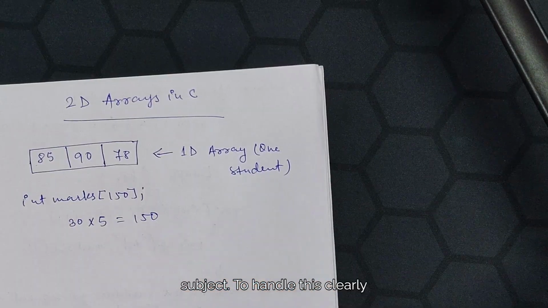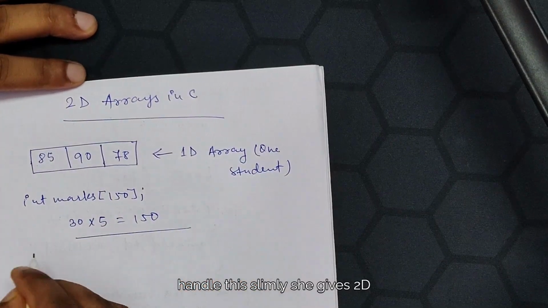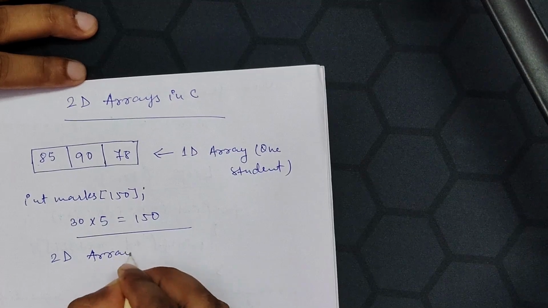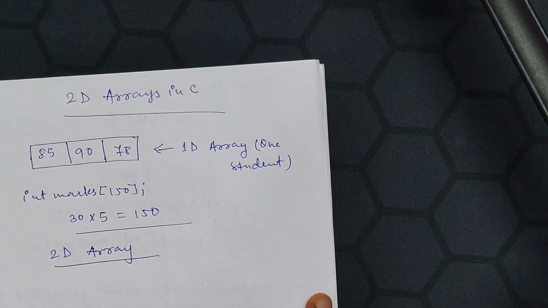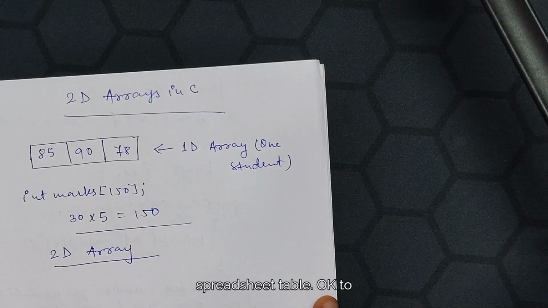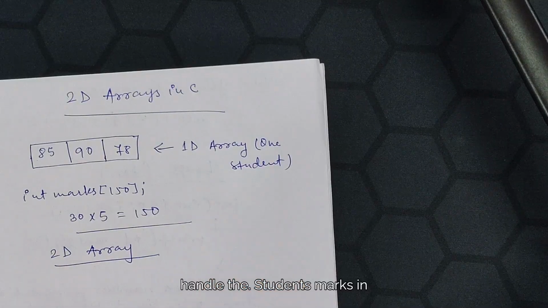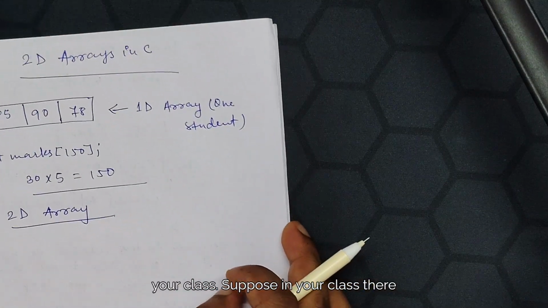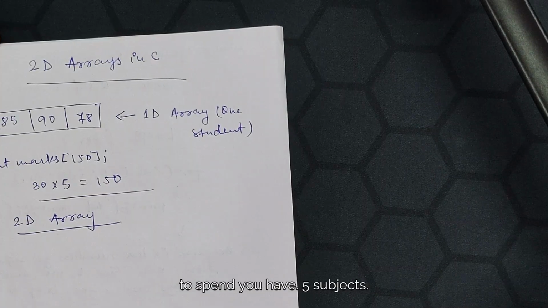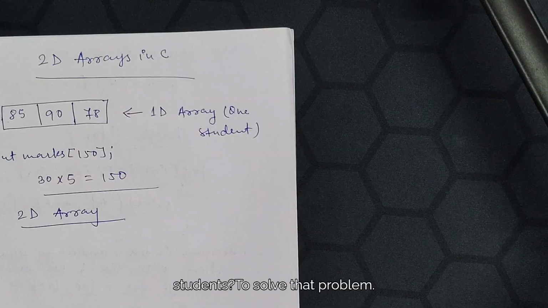To handle this cleanly, C gives us 2D arrays, which work just like a grid or spreadsheet table. Suppose in your class there are 30 students, you have 5 subjects, and you want to store all the marks of 30 students.